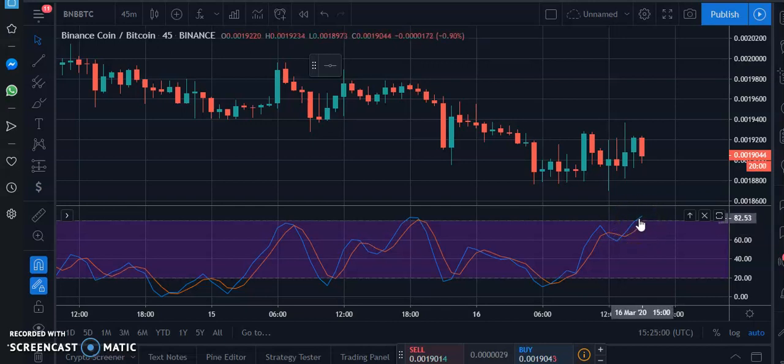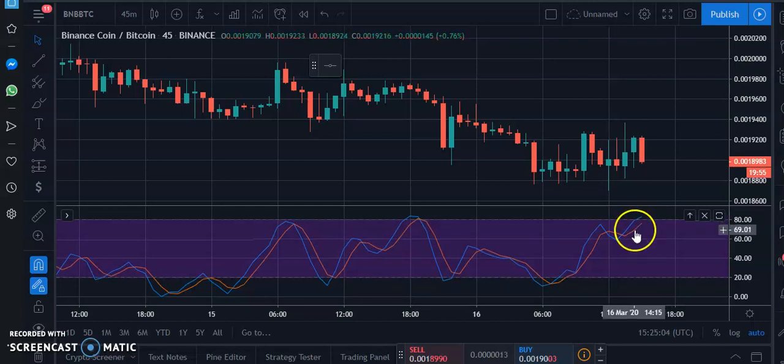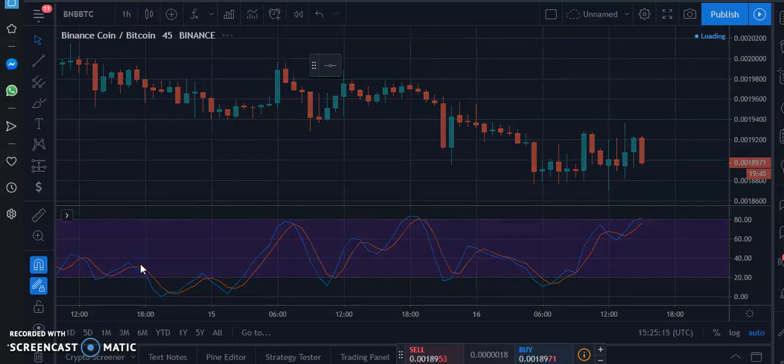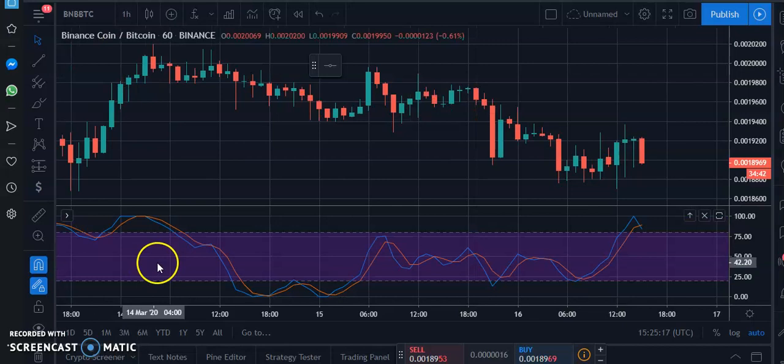So anybody who is analyzing the market using the 45 minutes time frame should be preparing to sell, because after this there might be a dump. Okay, then let's look at it using the 1 hour time frame. So really, from all indicators, from all time frames, the market is screaming leave.